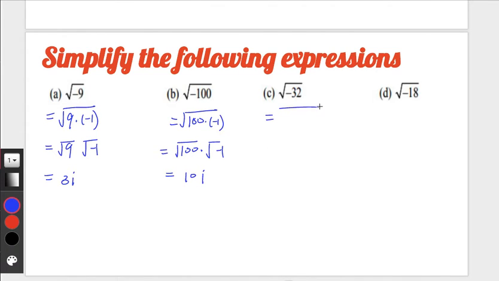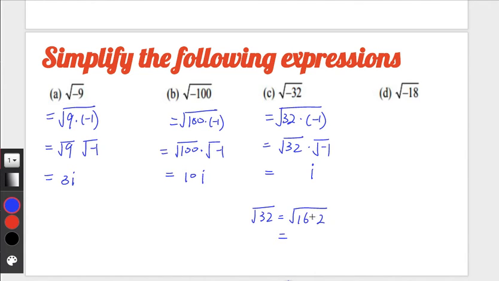Okay, this one, same thing. Whenever I see a negative, I'm going to break it down as one positive, one negative. For this one, we already know it's i. Then radical 32, as we practiced before, I'm going to break down as 16 times 2 because 16 is a perfect square.